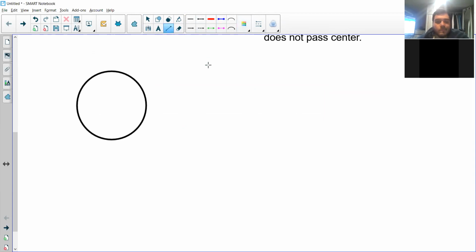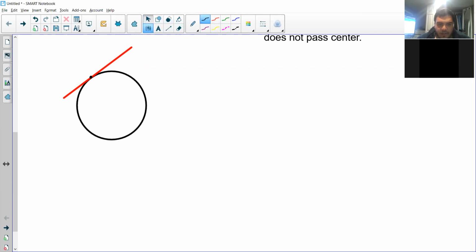So draw another circle. We're going to have two more types of lines. Now, these lines interact with the outside of the circle. Our first one we're going to talk about hits the circle exactly once on the edge. So let's say it hit the circle exactly at one point.